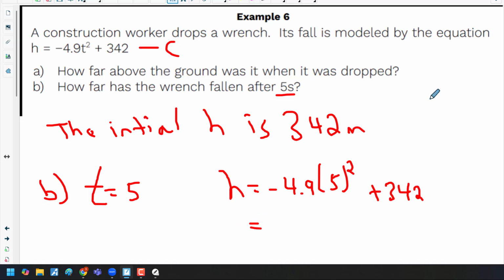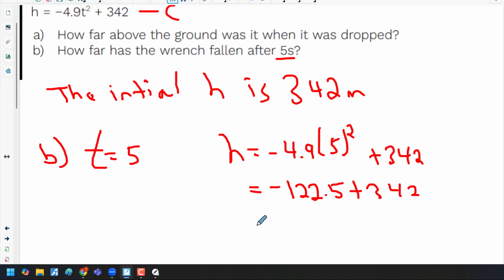Very simple, just do 5 squared, which is 25. And then obviously times that by 4.9. Don't forget that negative sign. So the height at 5 seconds is 219.5 meters.